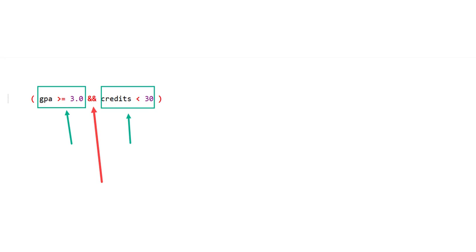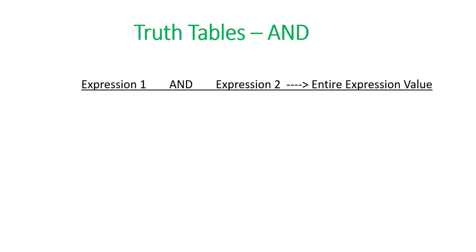And that's going to bring us into something called truth tables. So you could have two expressions, expression 1 and expression 2. However, the entire thing has one single expression value, a Boolean value of true or false. So let's take a look at these truth tables.